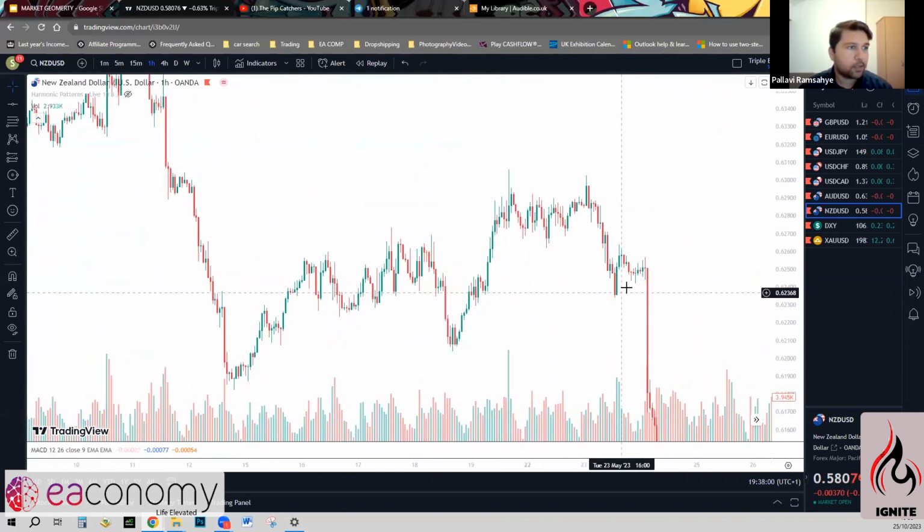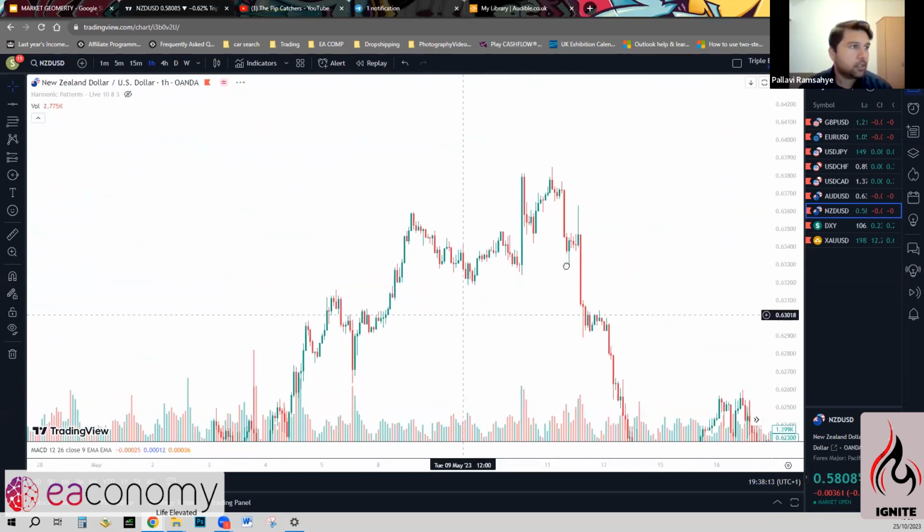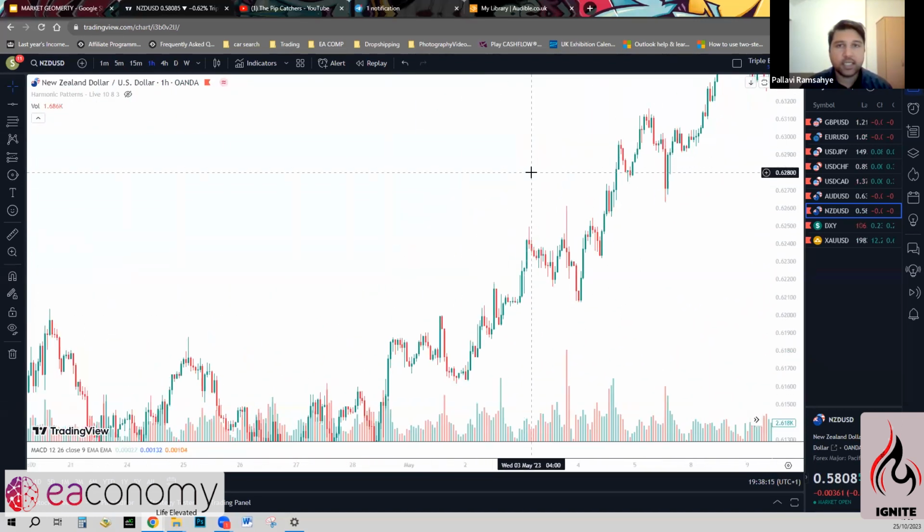Yeah, I wouldn't really count that as a symmetrical triangle. And this is the other thing as well, guys. When you're looking for these patterns, you don't want to be justifying why it's a symmetrical pattern.